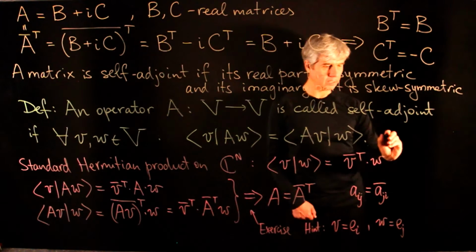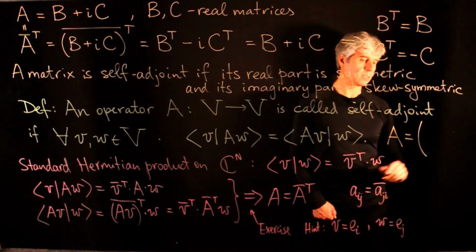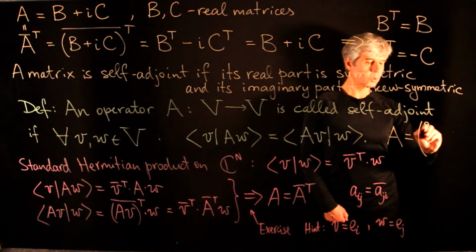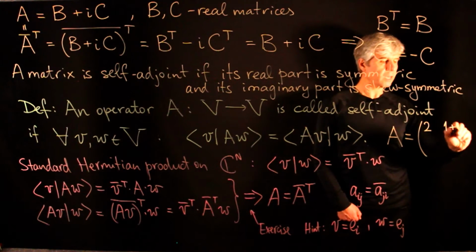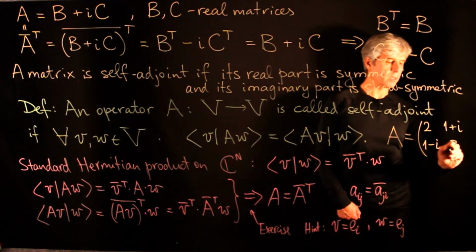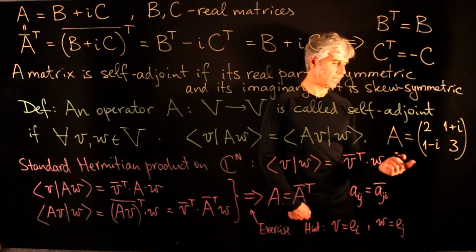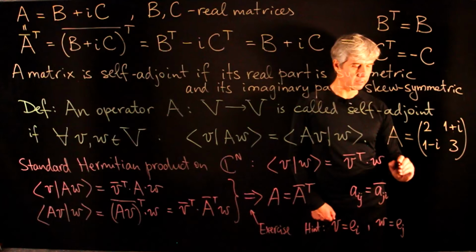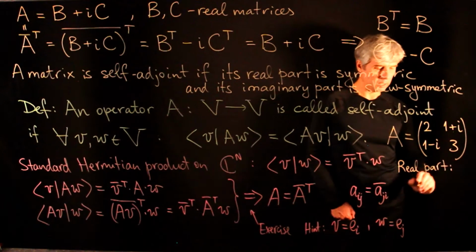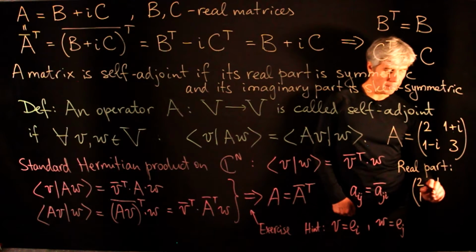Now, as an example of such a matrix, we can get something like this: 2, 1 plus i, 1 minus i, and 3. The real part of this matrix is 2, 1, 1, 3.